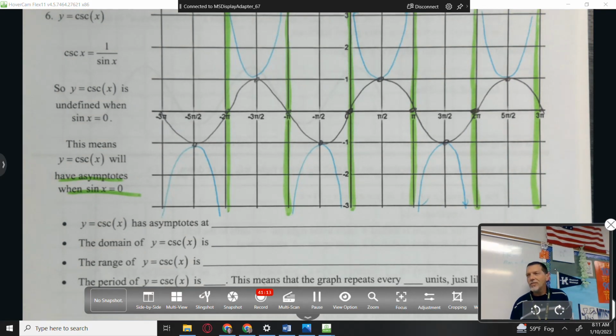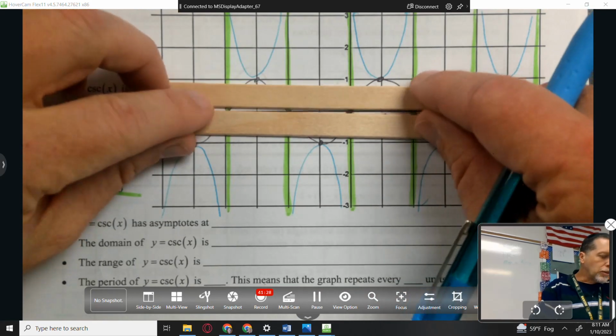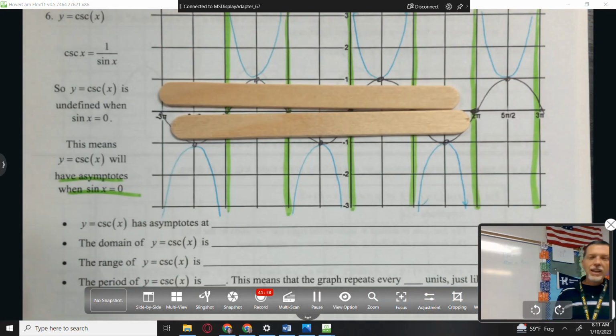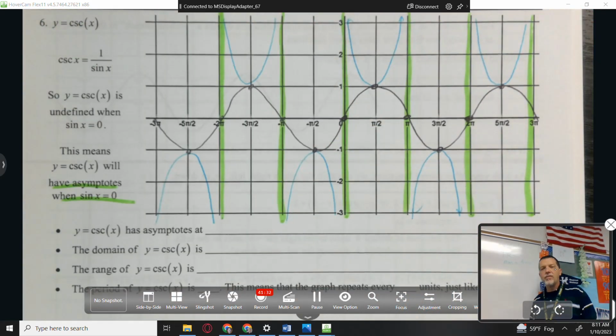Again, be careful. The sine graph is not part of the cosecant graph, but I have to do the sine graph to know where the cosecant graph is. So I guess officially my answer is only the blue things, right? But I can't get the blue things until I've got the sine graph on there.